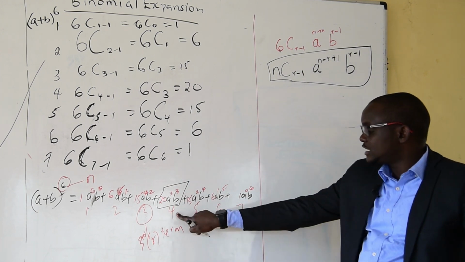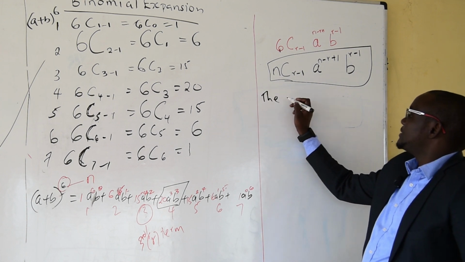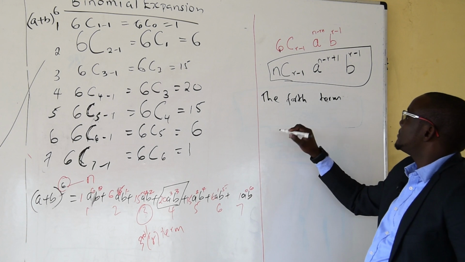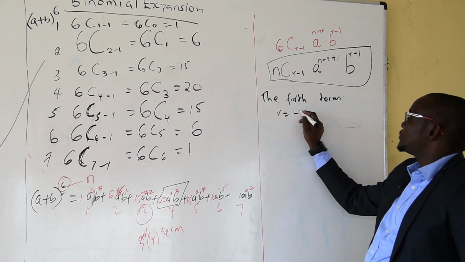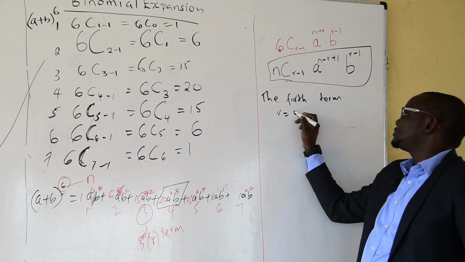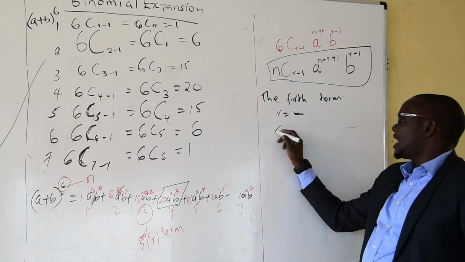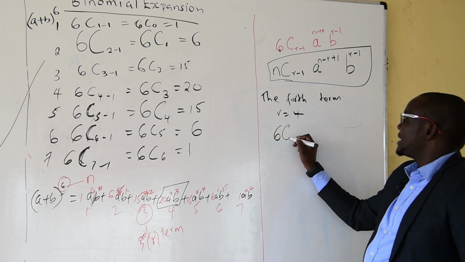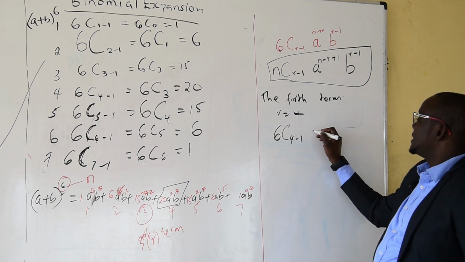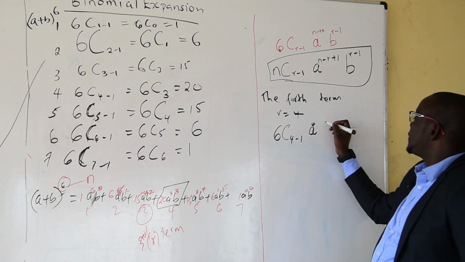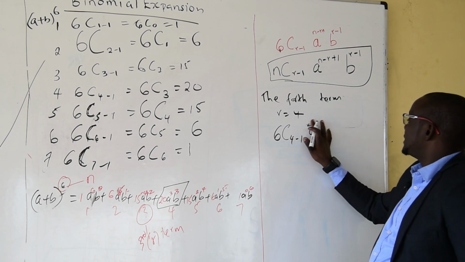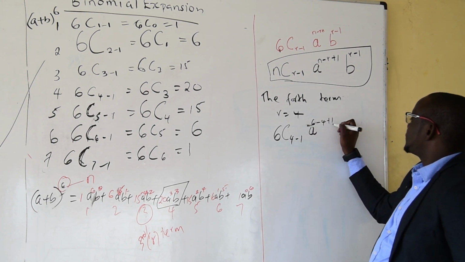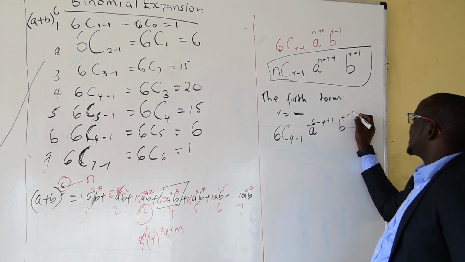If I know my r is 4, for instance, the fourth term, I can get the fourth term. That means my r equals 4. If I'm using this formula, I will use 6, because 6 is my n. 6 combination 4 minus 1. Then I have a to the power 6 minus 4 plus 1. Then you have b to the power 4 minus 1.